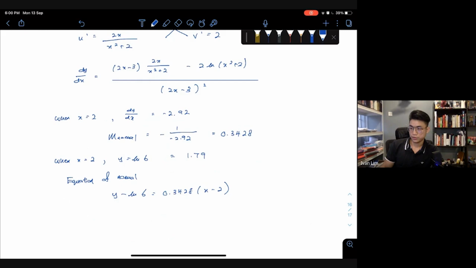Okay, we can just leave it here because we want to find P, right? So at point P, because it intersects the y-axis, x equals 0. Just sub into that equation above, you'll get y equals 1.11.